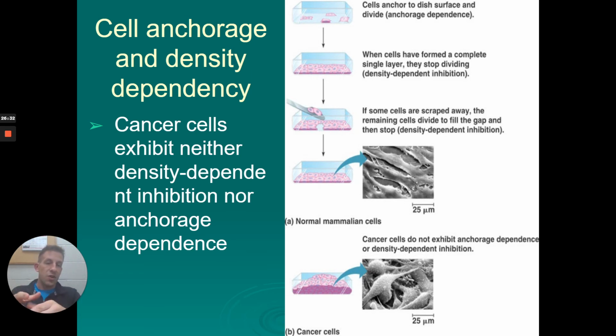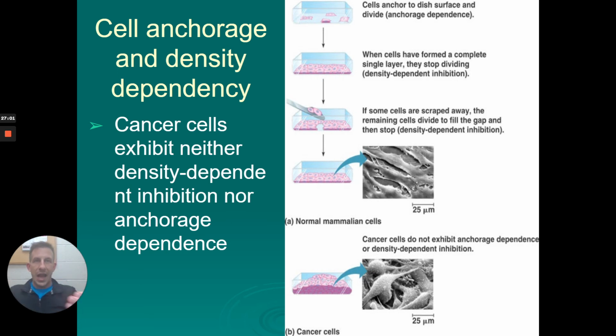And cancer cells don't exhibit any regard for the rules as it pertains to those two particular types of inhibition, those two particular types of signaling. Cancer cells, and this is where you get into things like blood cancers and metastatic cancers and things of that nature, blood cancers create cell division just floating through your bloodstream.